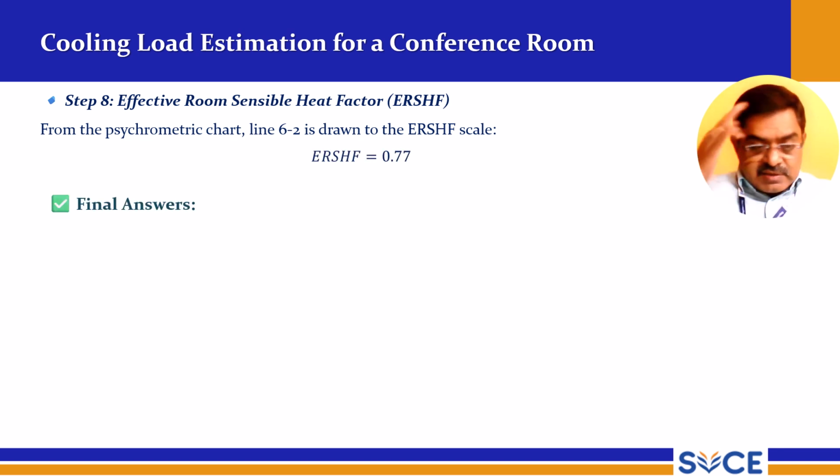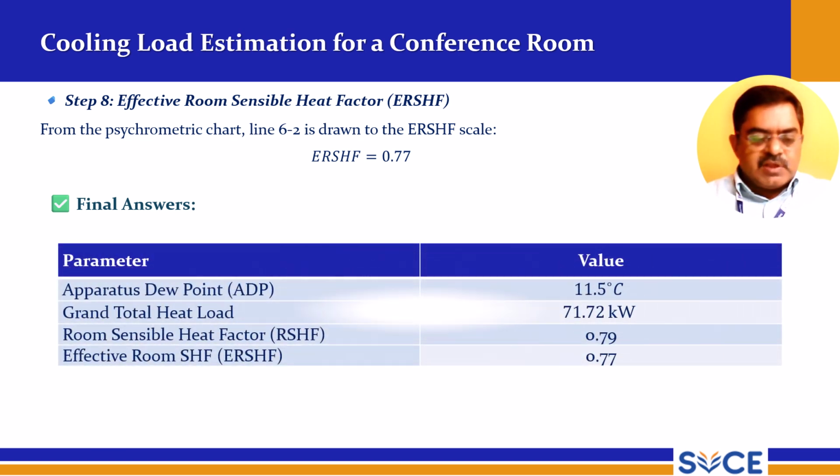The final answers: the apparatus dew point is 11.5, grand total heat load is 71.72, room sensible heat factor is 0.79, and effective room SHF is 0.77. So these are the final answers, and we are completing this topic here, and we will be seeing the third topic from unit 5 in the next session.